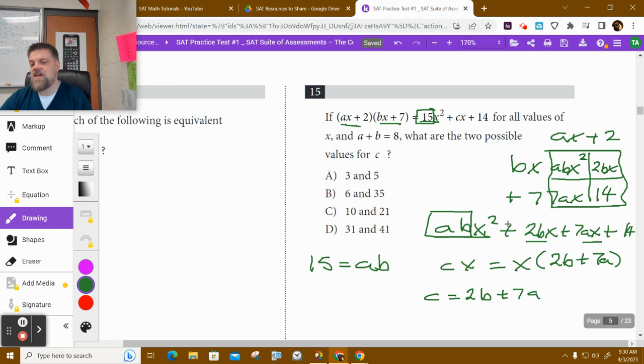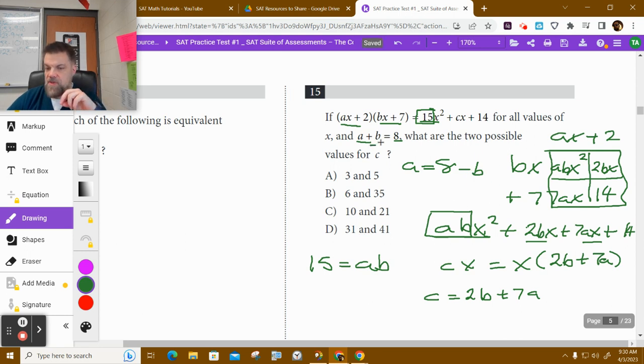Now, there's lots of ways to solve this. So there's two possible scenarios, and then they give us another equation, a plus b equals 8. Well, if I subtract b from both sides, doesn't that mean that a equals 8 minus b?